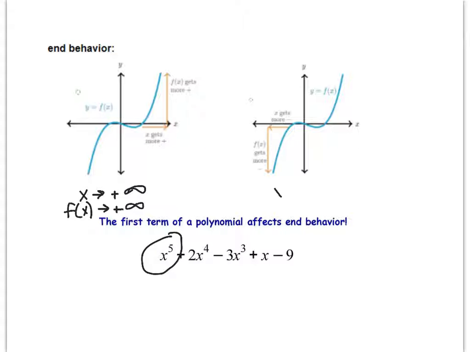And when x goes to negative infinity, f of x in this example is going to negative infinity. So anytime you give end behavior, you are always doing x to positive infinity, x goes to negative infinity. And then the graph determines what's happening for the f of x.